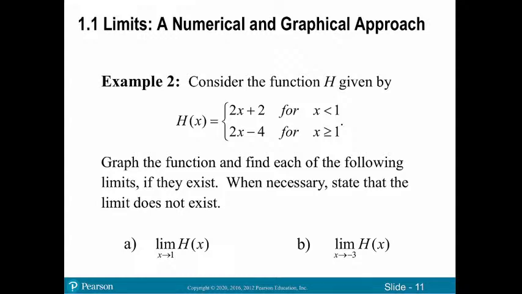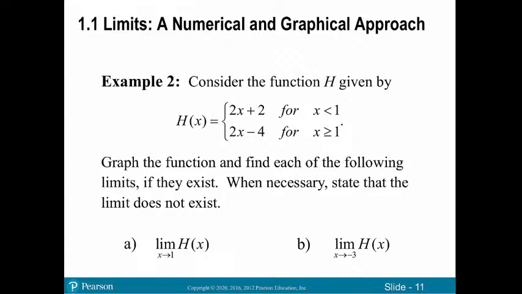As we approach 1 coming from the right, we should get -2. Right, so I think the first one we got 4. So coming from the left, we get the limit is what? 4. Coming from the right, the limit is -2. So because the left-hand limit does not equal the right-hand limit, for part A, we're going to say the limit as x approaches 1 does not exist.